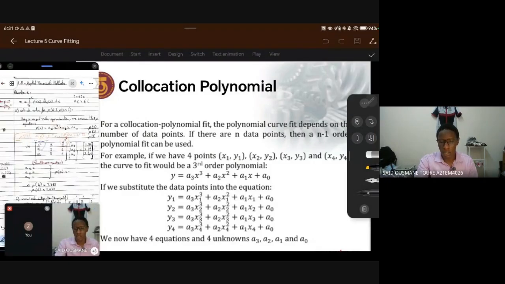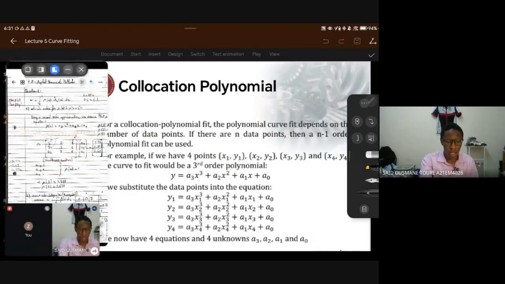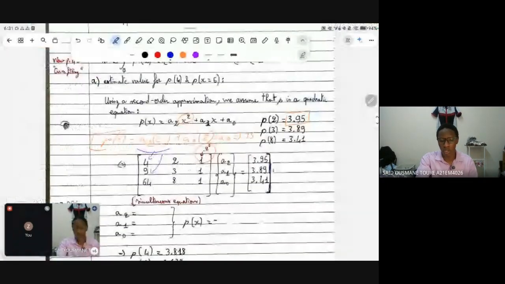Now for us here, we only have 3 unknowns. A2, A1, and A0. I'm getting confused. Okay. So after we took our 3 values, we substitute them here because x is known here. What we don't know is the a's.